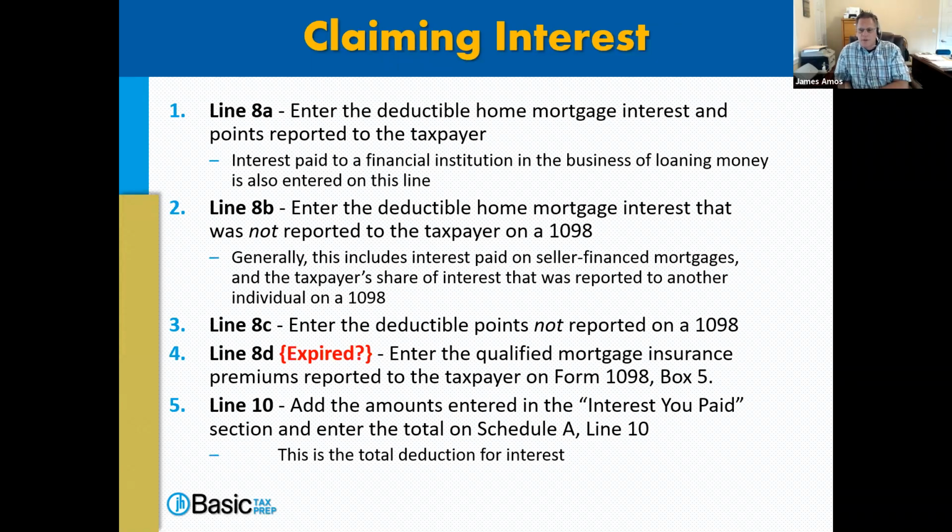Well, the interest you pay on that loan is deductible interest on that line. That's the most common example. Any investment could potentially be included there.